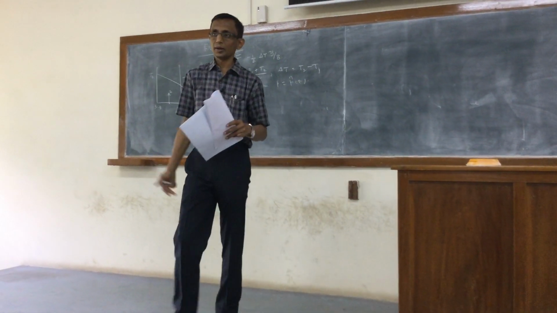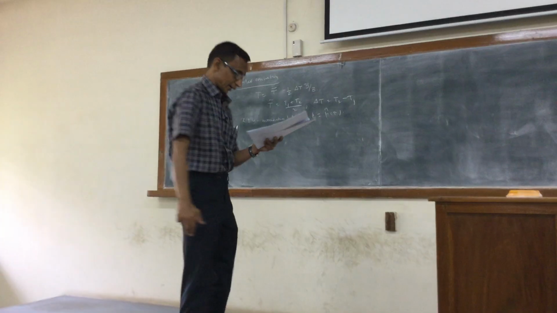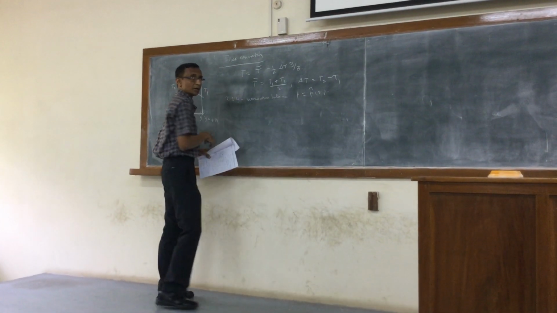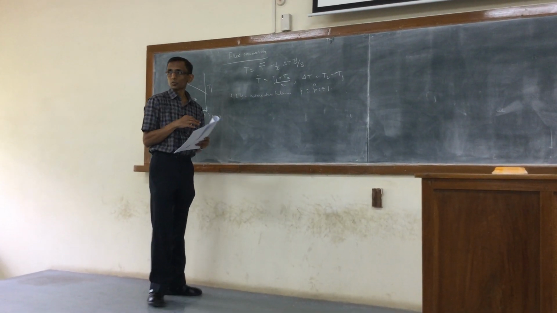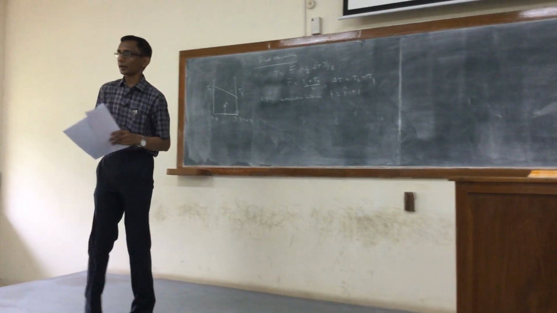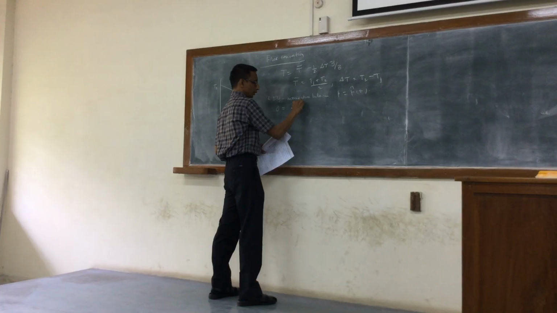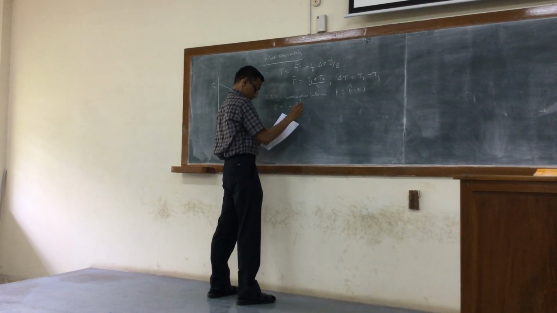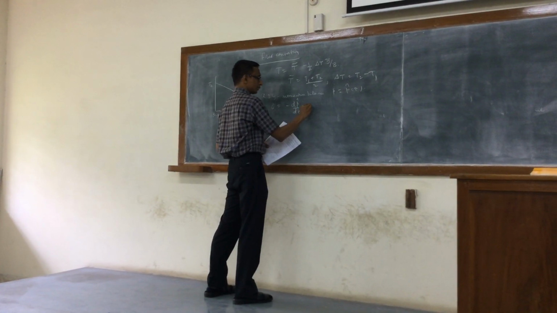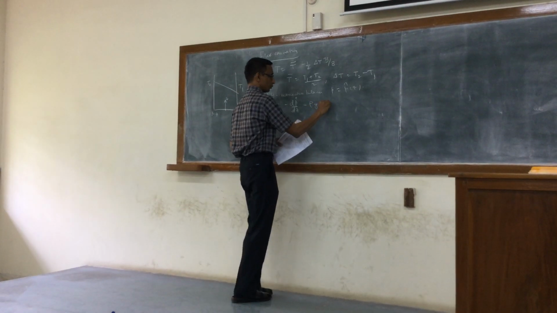Then we go to the momentum balance in the z direction, and the inertial terms can all be shown to vanish identically, and so we get 0 equal to minus dP by dz minus rho g plus mu d squared v_z by dy squared.